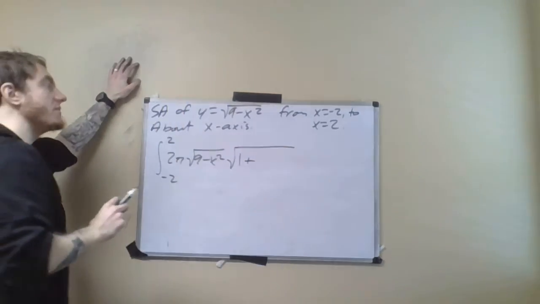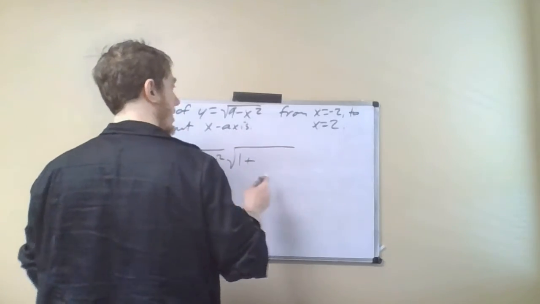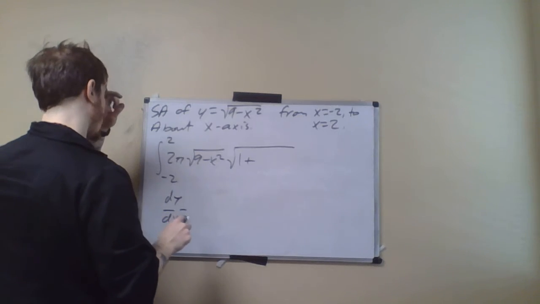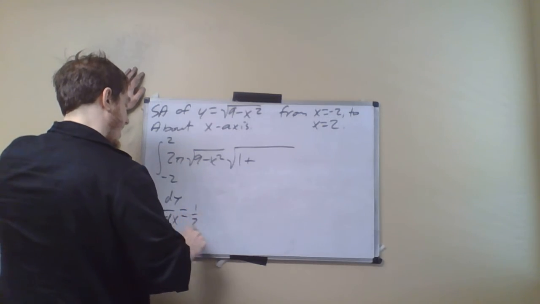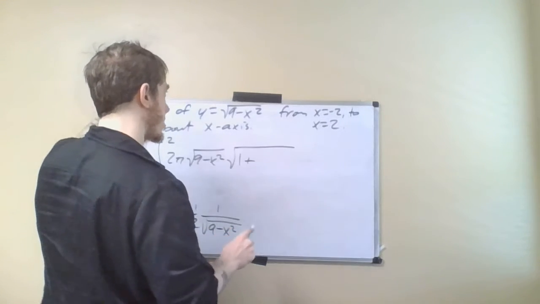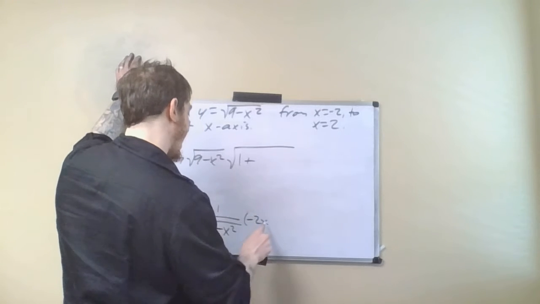Now, what is the derivative of this thing? Well, dy by dx is equal to 1/2 times 1 over the square root of 9 minus x squared times negative 2x.